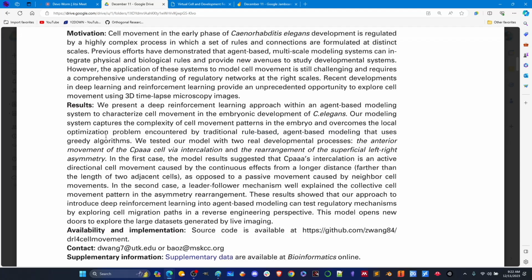Like it's based on Boltzmann's constant, and I believe in robots, exploration of the environment works better with things that are not greedy. Yeah.